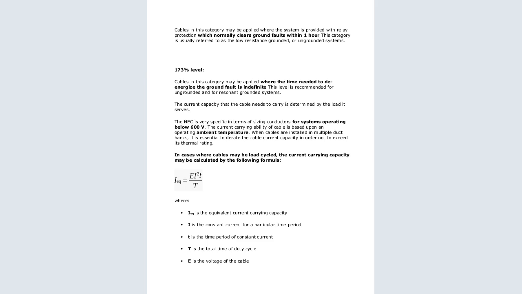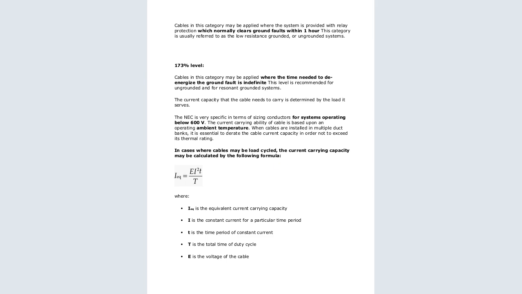So this category is usually referred to as the low resistance grounded or ungrounded system. And then another one is the 173% level, where the cable in this category may be applied where the time needed to de-energize the ground fault is indefinite. This level is recommended for underground and resonant ground systems.